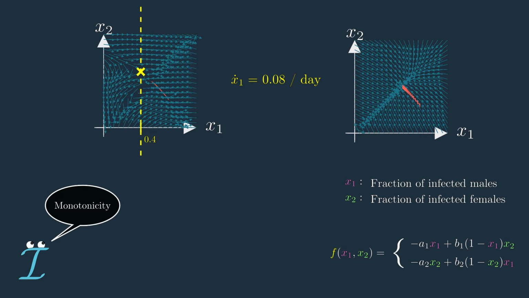So I need to impose this additional constraint explicitly. It is not very hard to see that this constraint is a negativity constraint on the partial derivative of the first component of my vector field. And there is a similar equation that I get by switching the roles of males and females in this explanation.